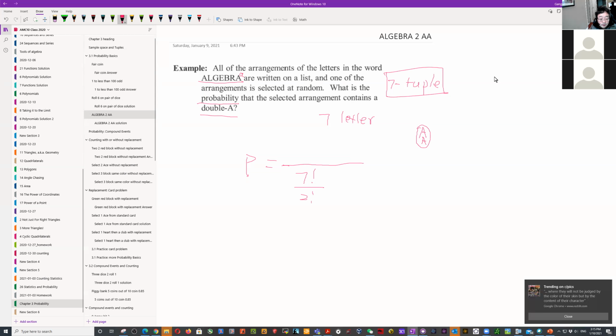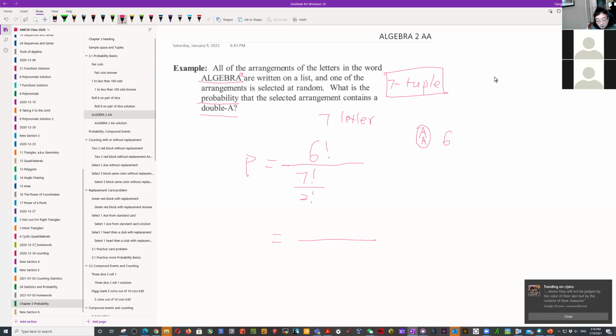Basically you reduce the letter count from 7 to 6. And for the double A, there's no swapping, so it's just 6 factorial. That will be all the possible ways to arrange that. So what is the probability that it contains a double A?